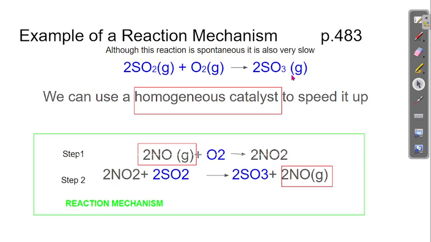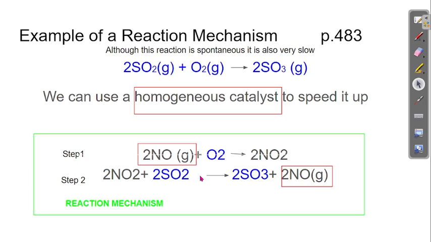We can speed it up by using a homogeneous catalyst. How? Well, this is your catalyst. And you know it's your catalyst because it's added at the beginning. It's going to appear as one of the reactants, and it will appear again as a product, unchanged. Same amount, no changes. That's your catalyst.